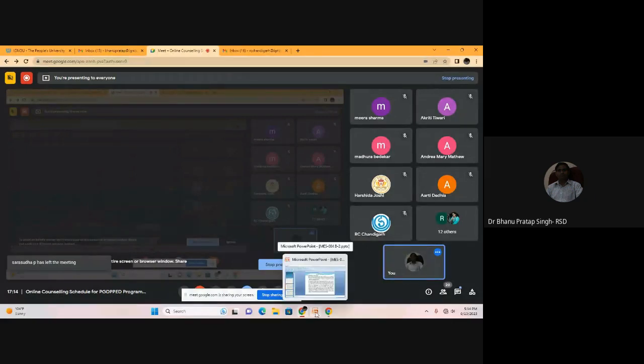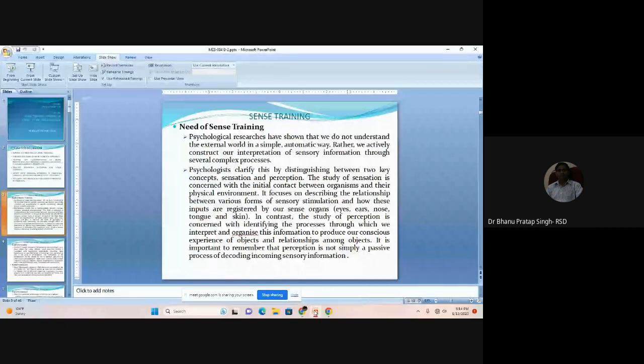Psychological research has shown that we do not understand the external world in a simple, automatic way. Rather, we actively construct our interpretation of sensory information through a complex process. Means in the human body there is a kind of alarm or sensory information, but it is not a simple way.